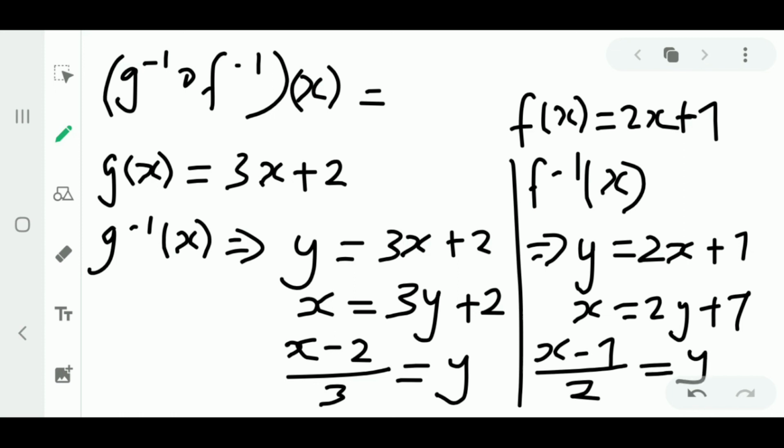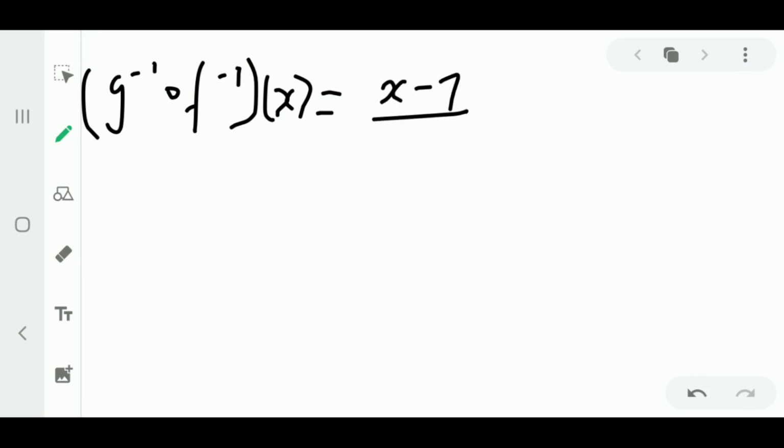Now that we have the inverse of both, because g inverse is first, we're using this as our basis and substituting this anywhere we see x. So g inverse f inverse of x is equal to x minus 7 over 2, minus 2, all over 3.